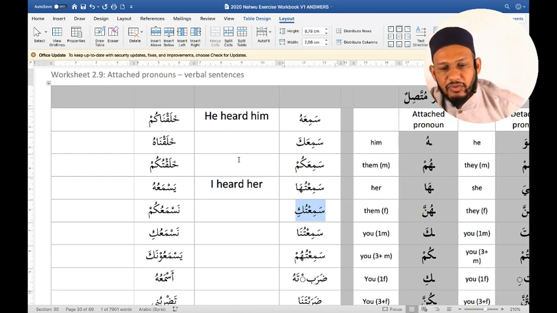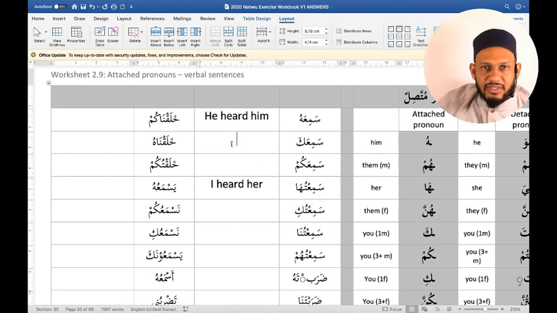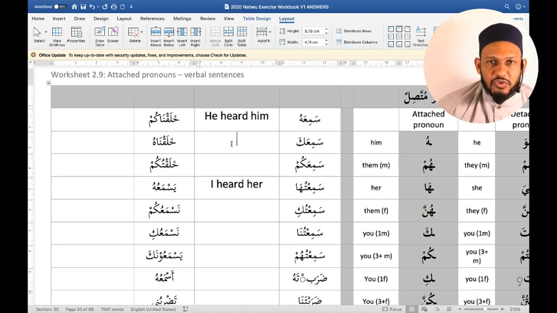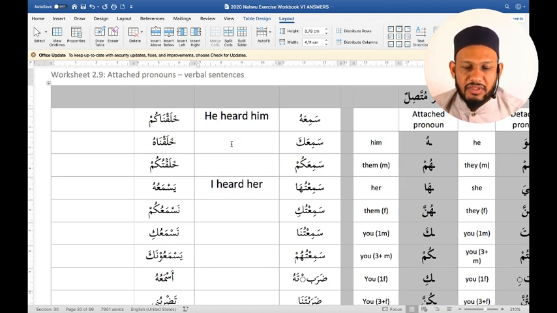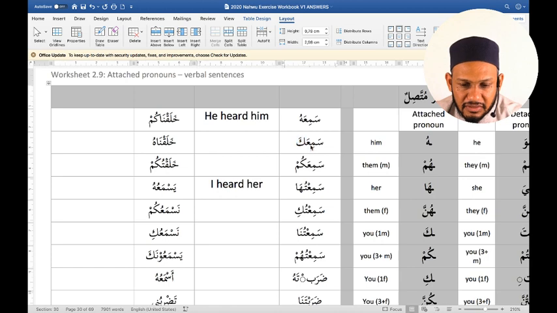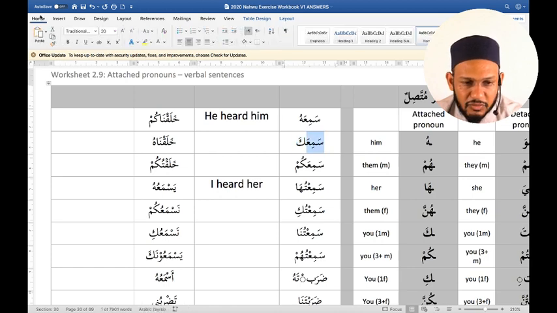Good. So the way you do this is quite easy. You split the word into two. You do it mentally, not physically. Mentally you say sami'a is the verb part.